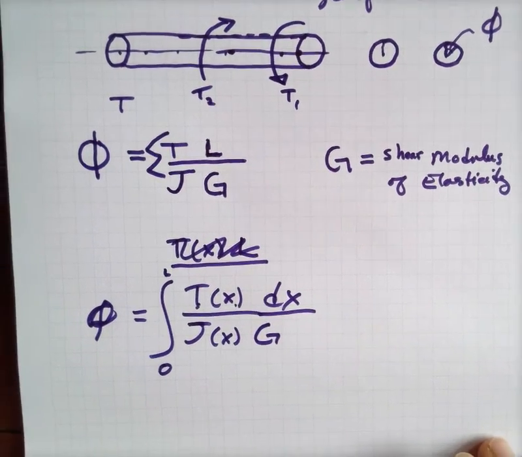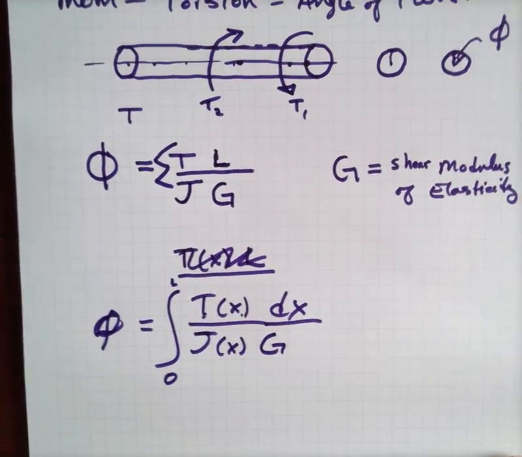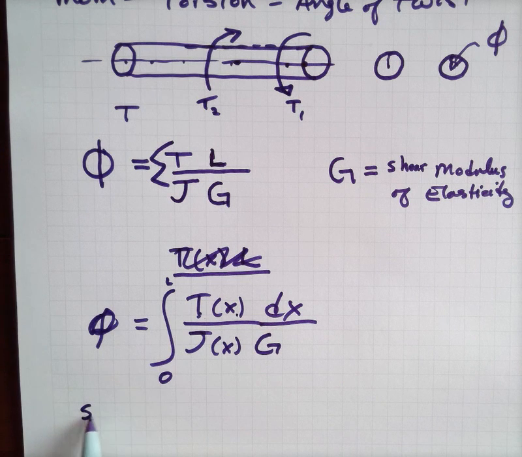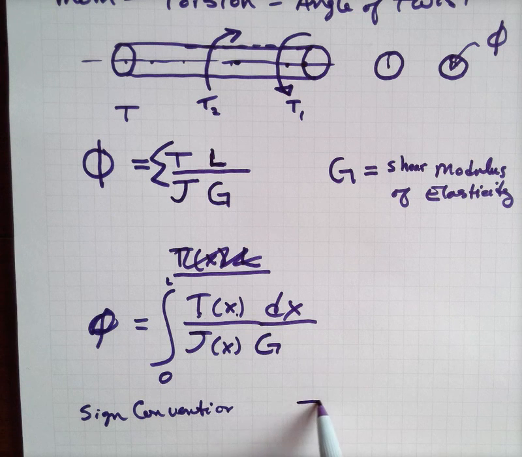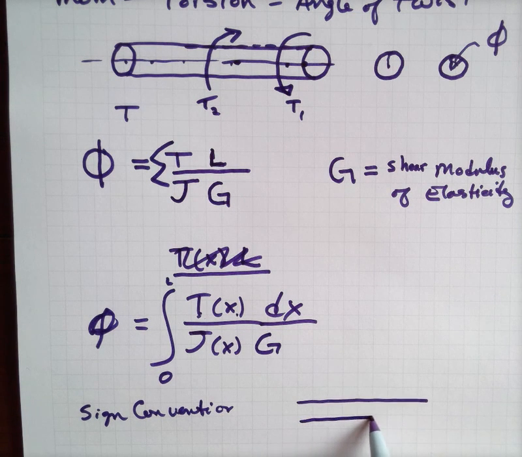There is a sign convention. If you have a beam, a shaft, you look at any particular spot. Let's take a look at that spot, got a little free body diagram.